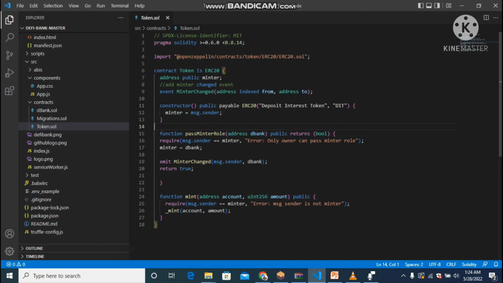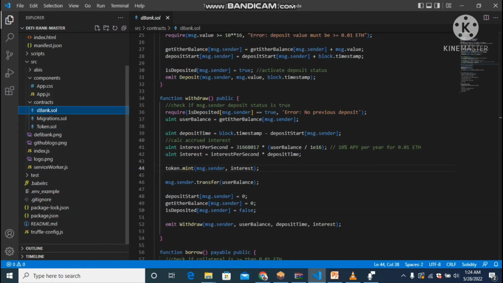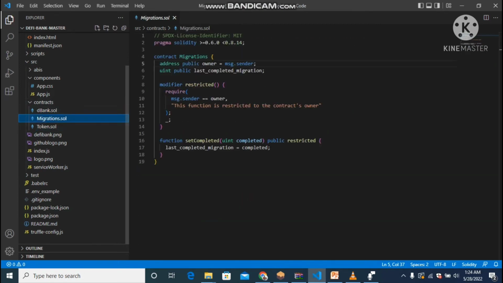Whenever they deposit the ether into the account, the role is passed to them, and they can withdraw the ERC20 tokens according to the unique timestamp. So this is basically all the contracts, and this is the migration contract which helps to migrate our contract to the blockchain.